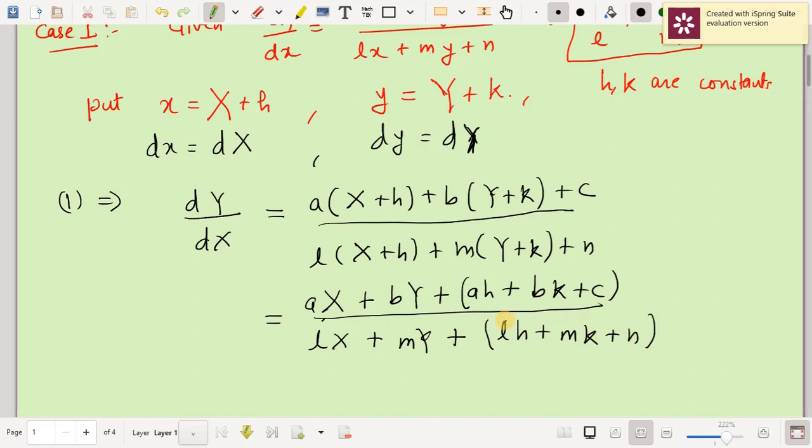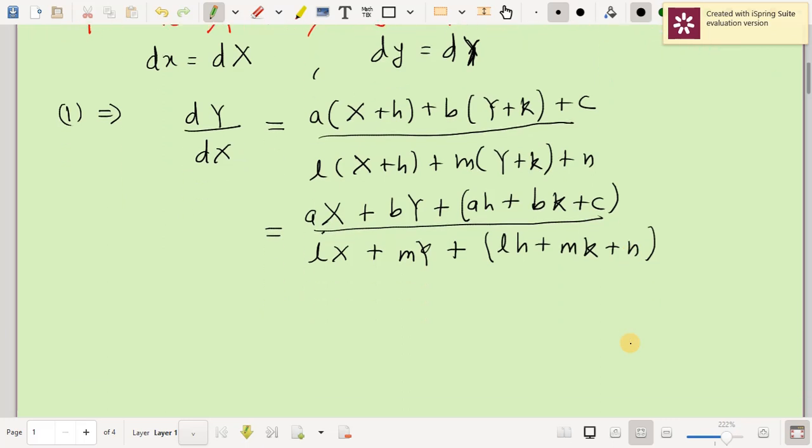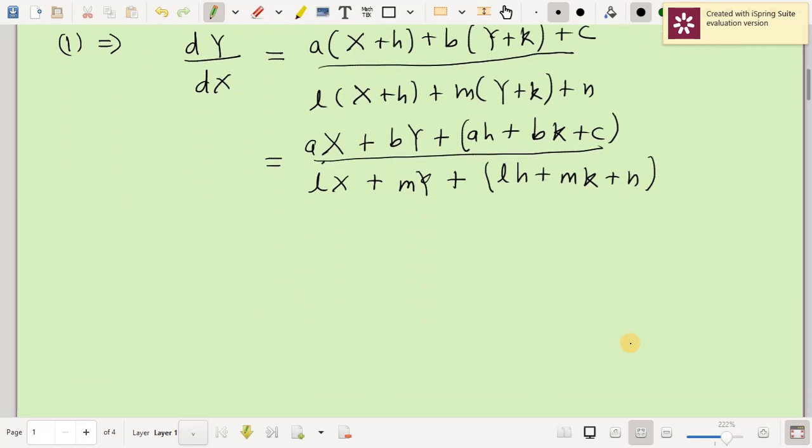Now look at the parts in brackets: ah plus bk plus c, and lh plus mk plus n. That is the expression with the unknowns h and k which need to be determined. We choose h and k in such a way that both brackets become 0.